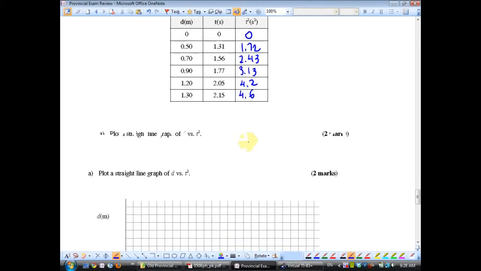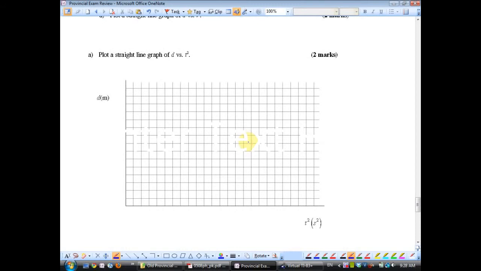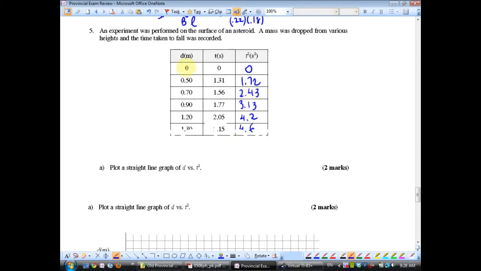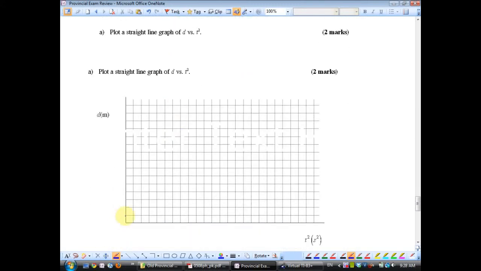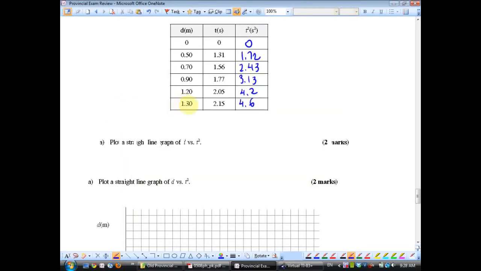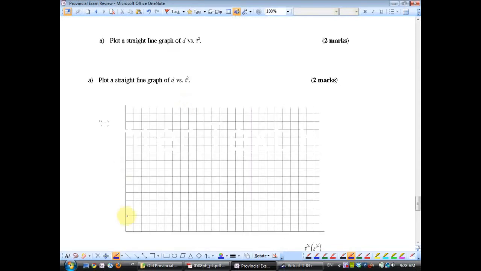Okay, let's see if I can graph this. I need to pick a good scale. My distance goes from 0 to 1.3, that's 15 squares for 1.3 meters. I bet you each square is 0.1. So 0.2, 0.4, 0.6, 0.8, 1, 1.2, 1.4.